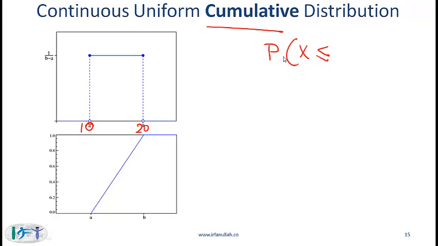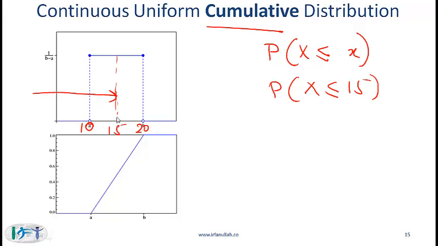So the cumulative distribution would essentially be P(X ≤ x) for a specific value of the random variable. If I say P(X ≤ 15), that is the cumulative probability up to 15. So that means all the probability that we accumulate up to this point. That cumulative probability is equal to 1 over 2, and we just saw that.